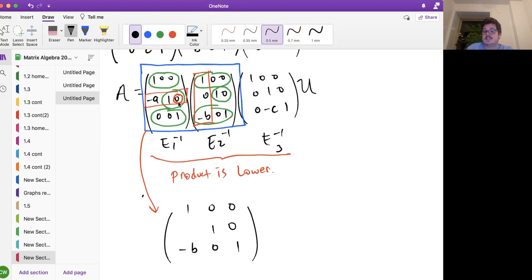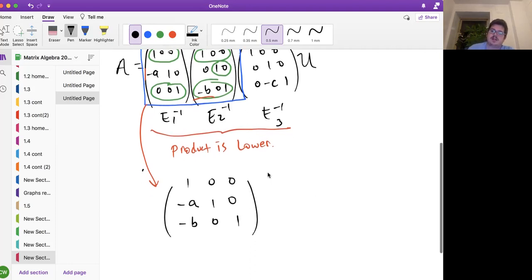This 0, since this is lower triangular, this 0 will cancel out this negative b contribution. And there's a 1 and a 0 here. So what is the only entry that's left over? Only contribution is negative a. So that's pretty interesting.